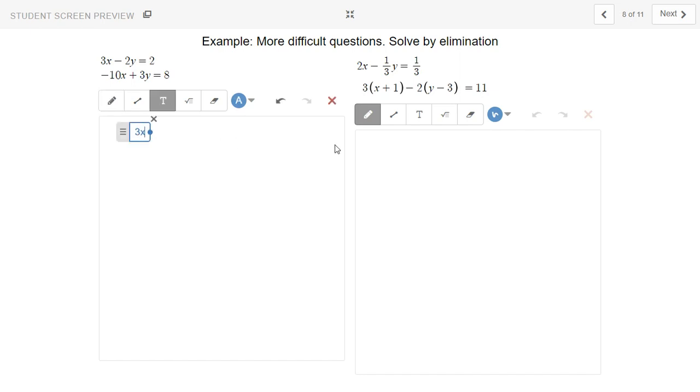So instead, when I have that, what I should do is I'm going to find a common term between my two equations. Now, I know that within the x terms, 30 is a common term because I can multiply 3 by 10 to get 30.